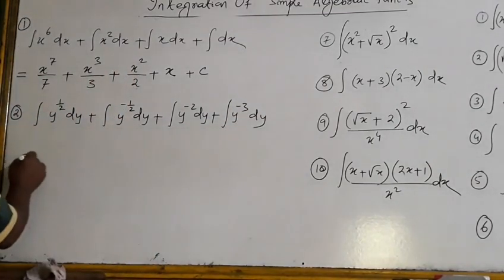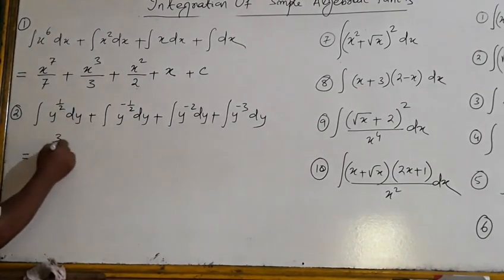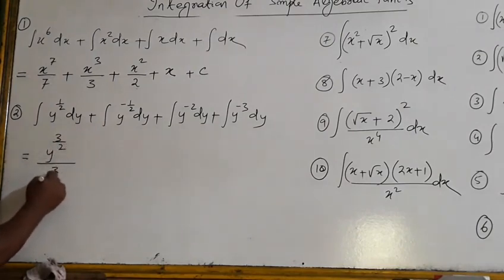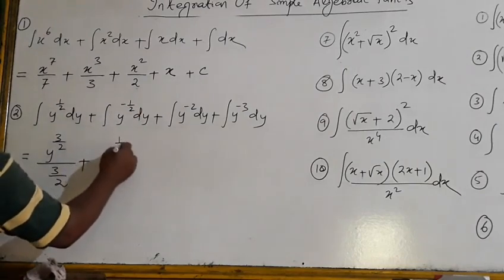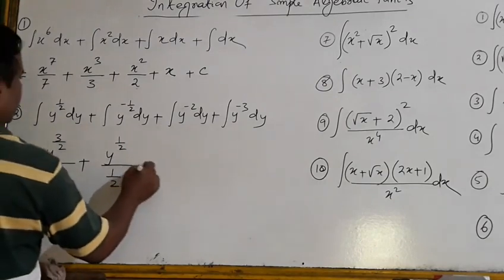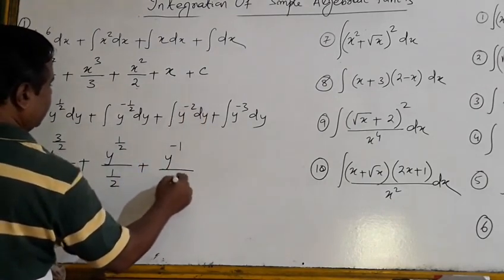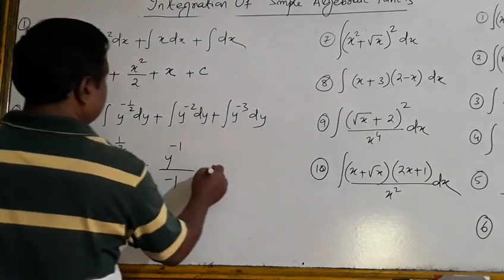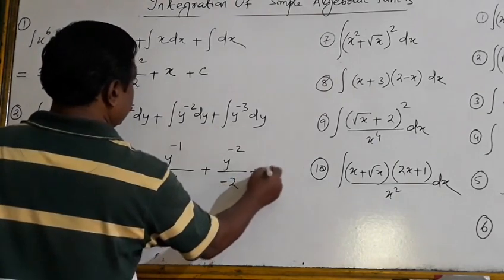It is y to the power half plus 1 by half plus 1, plus y to the power minus half plus 1 by minus half plus 1, plus y to the power minus 2 plus 1 by minus 2 plus 1, plus y to the power minus 3 plus 1 by minus 3 plus 1.